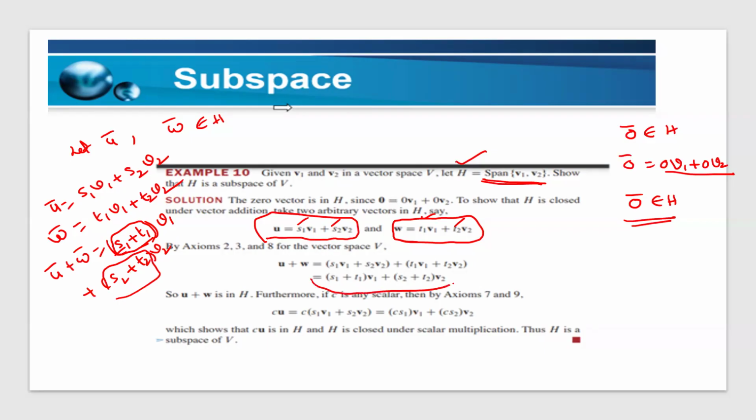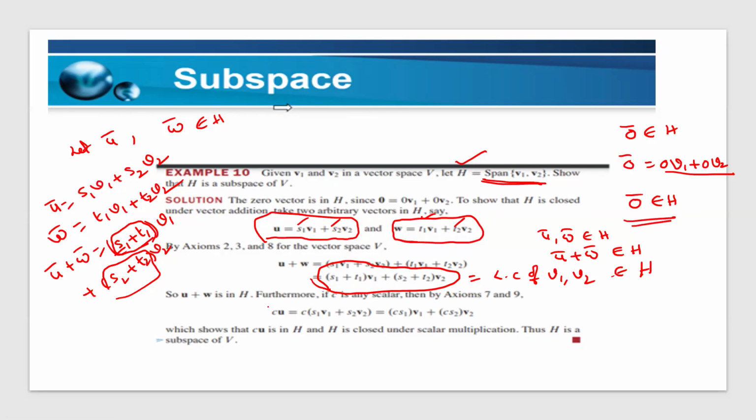So it is again a linear combination of V1, V2, so it belongs to the span of V1, V2. Therefore, it belongs to H. So for every u bar, w bar in H, u bar plus w bar belongs to H. Therefore, H is closed under vector addition.